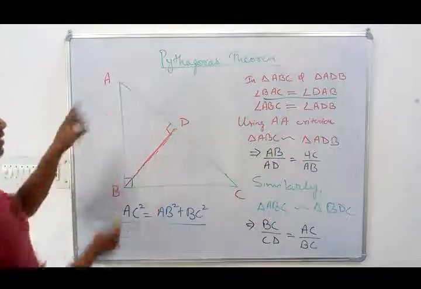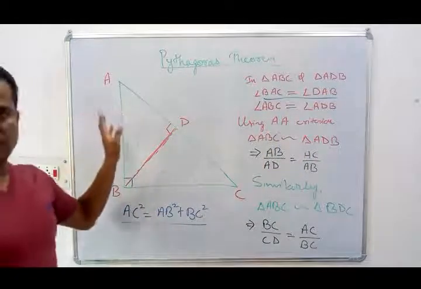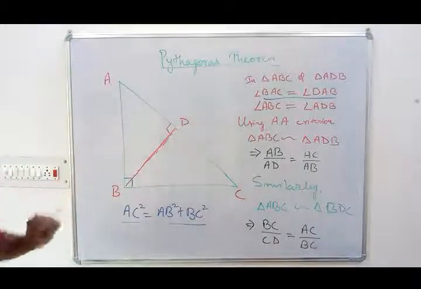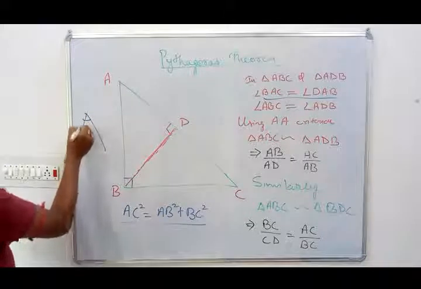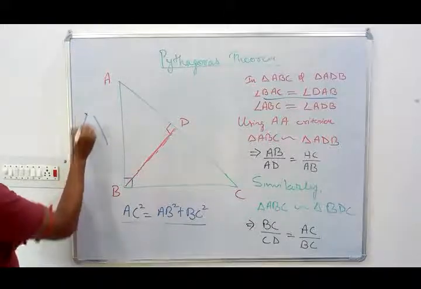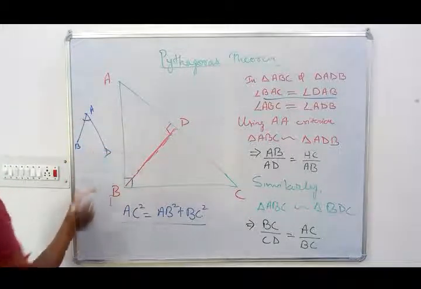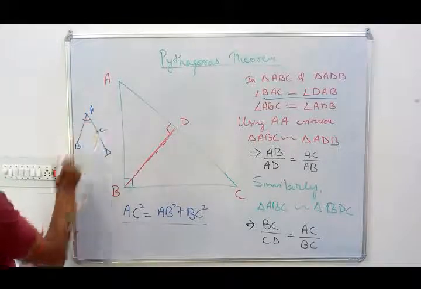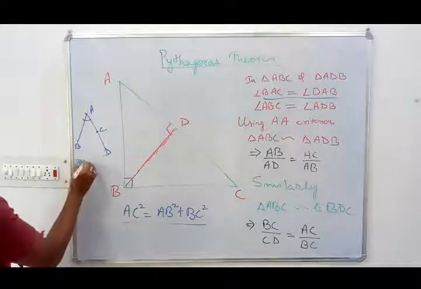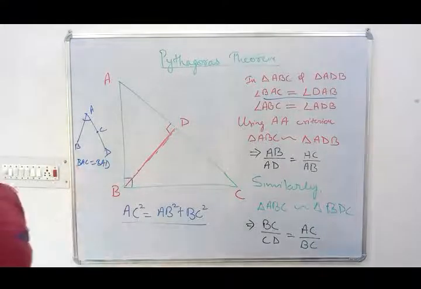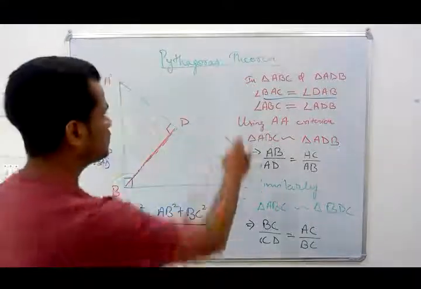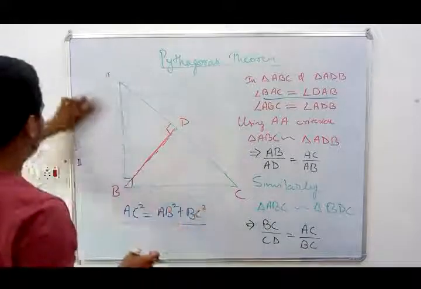Obviously angle A is equal in both cases, whether the triangle is large or small. This is your B, this is your A, this is your D, and here is one point C. Can I say BAC is equal to BAD, because it always represents the same angle? Therefore we are saying that these two angles are equal.